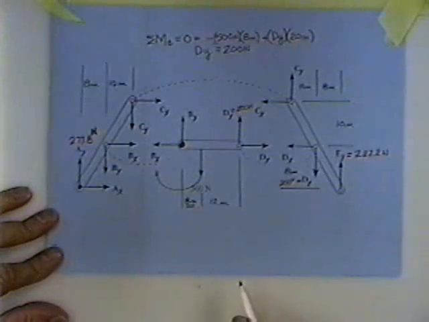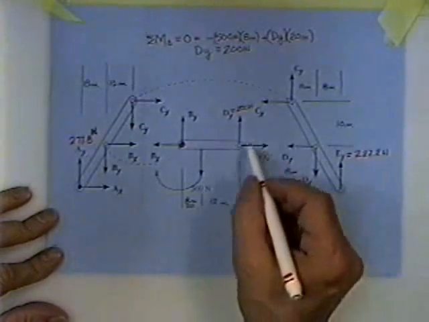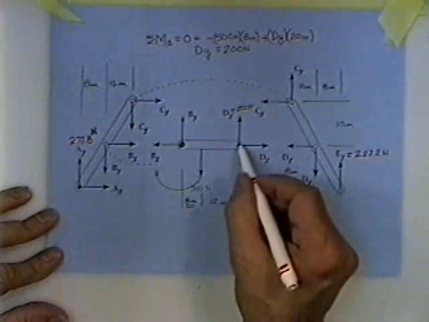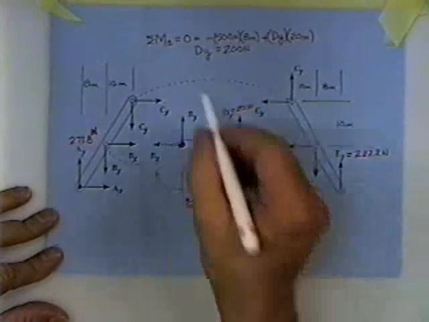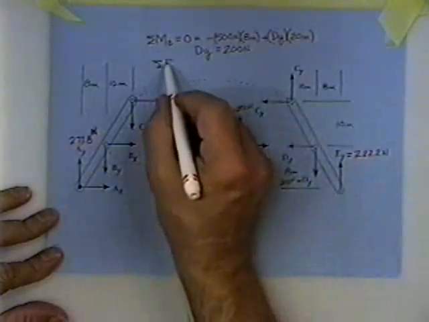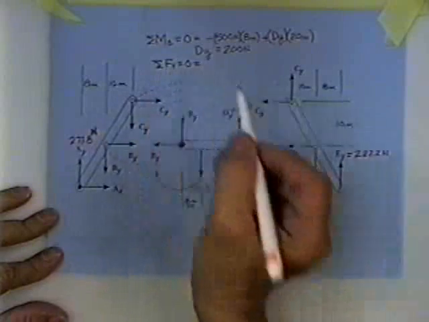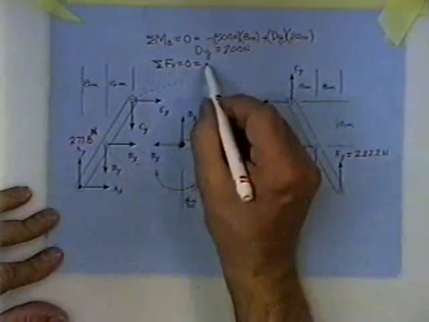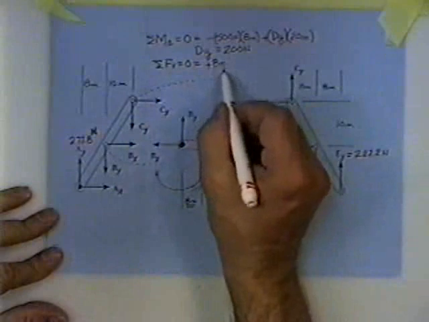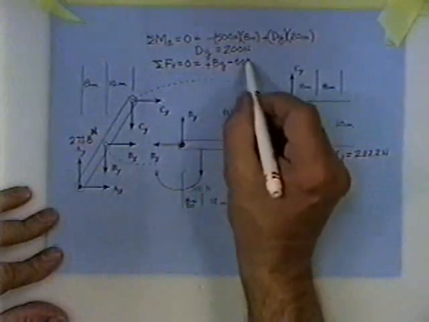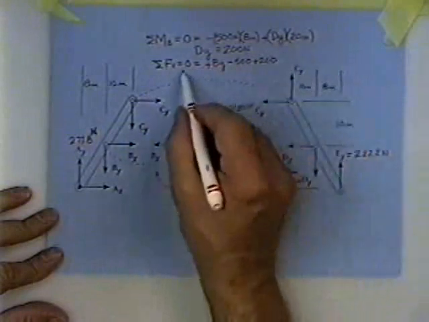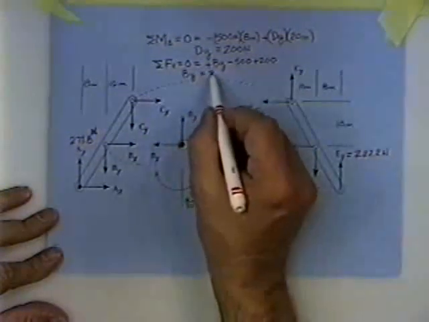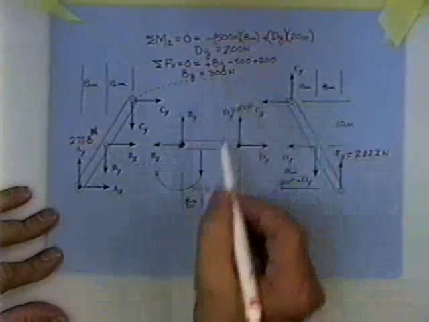Now it's easy to sum moments about point D. This one is so simple, though, I think we could probably sum forces vertical without much worry. Sum forces in the vertical direction equals 0 is equal to plus BY minus 500 plus 200, and BY is 300 newtons.